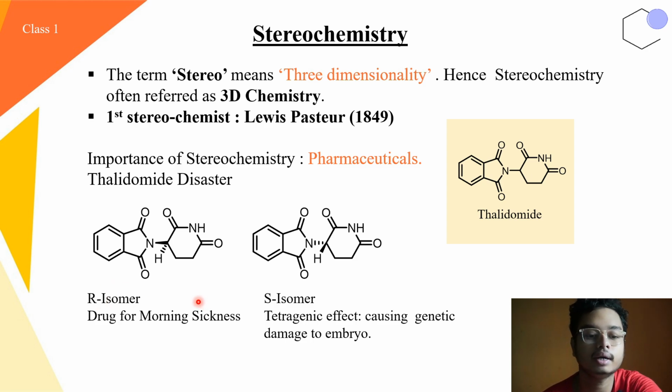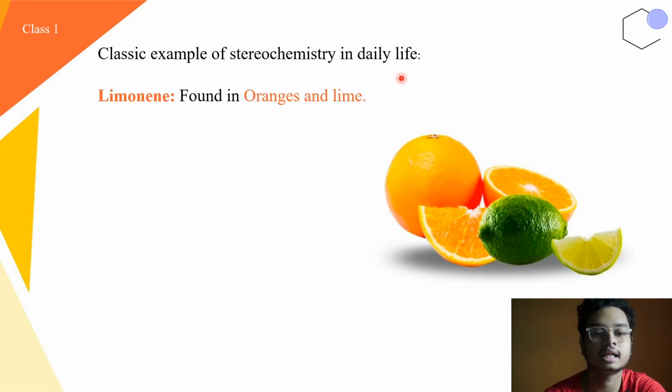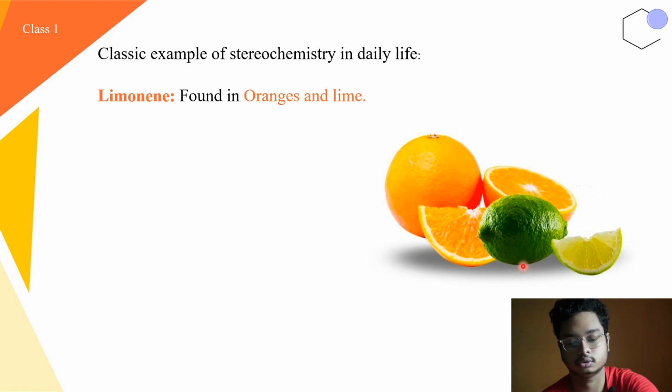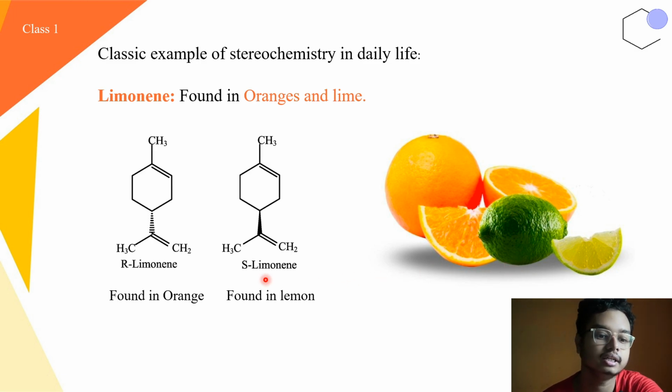Now I will show you another important aspect of stereochemistry, a classic example from daily life: limonene, which can be found in orange and lime. We know that oranges and limes show two distinct characteristics, but interestingly they have the same molecule in different 3D orientations.